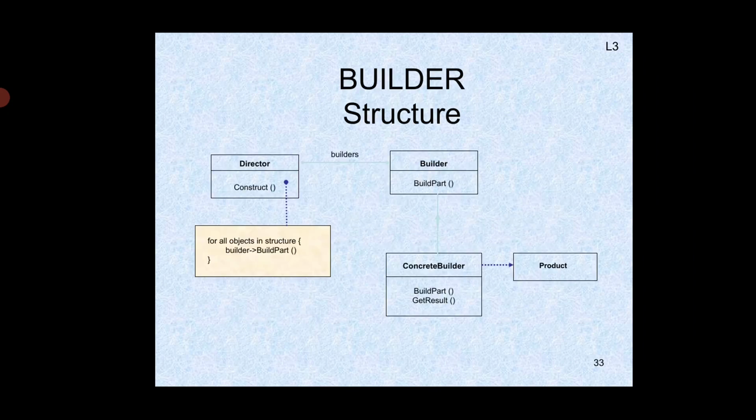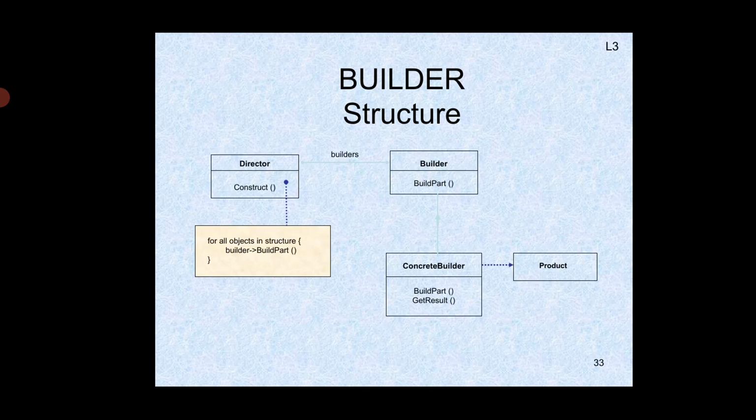Coming to the builder structure, there is a director class that constructs objects in the structure. The builder builds the parts, separating a complex object from its representation. We create concrete builders, the concrete classes, which implement methods like build part and get result, for the result of the product we build up.